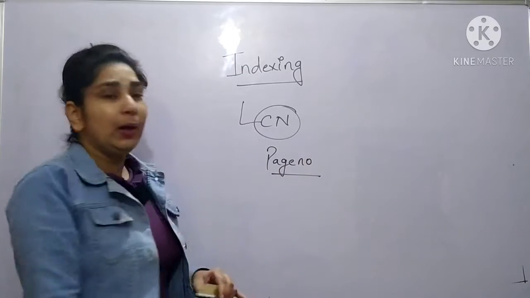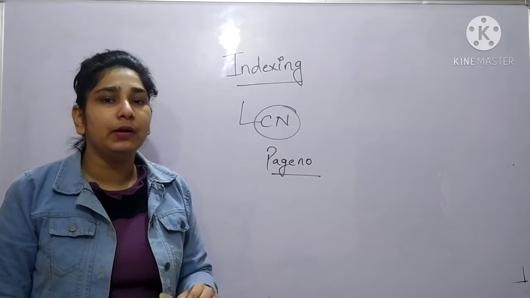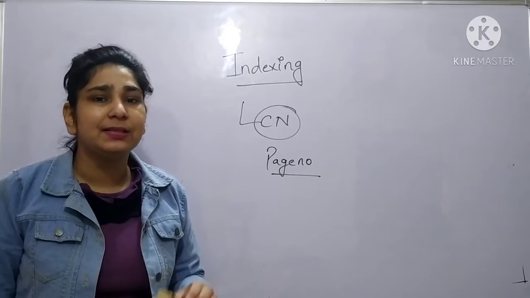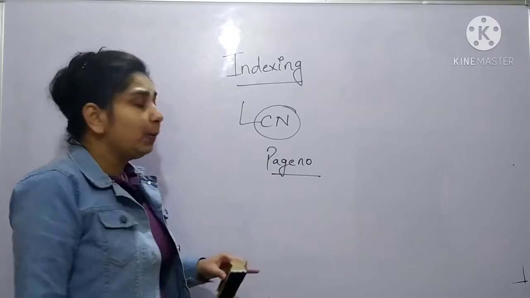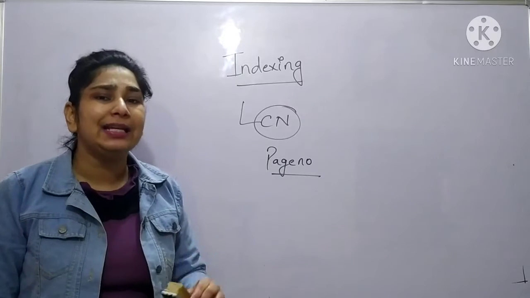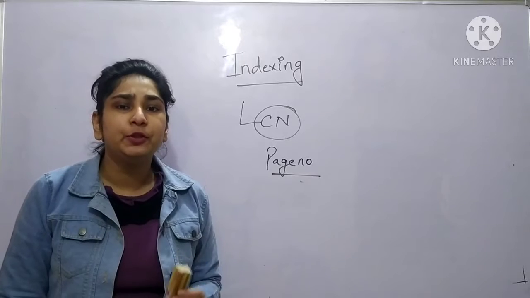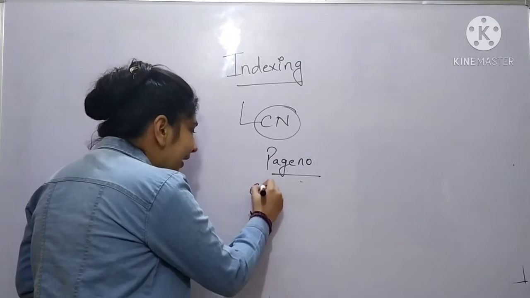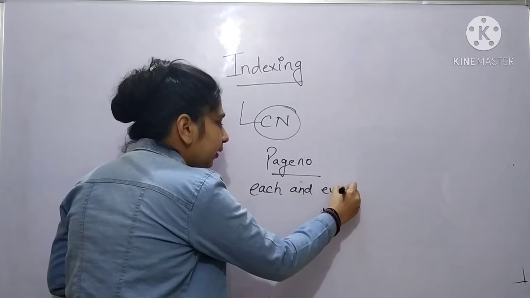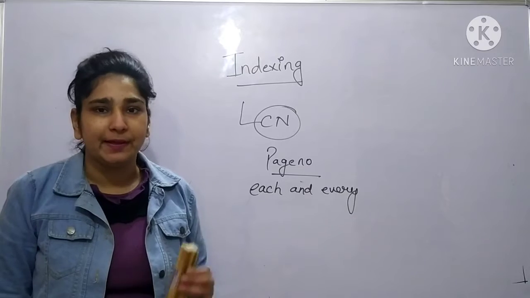Okay. So let's suppose you don't make an index in your book. In that case, if you have to search for any chapter or any topic, then you have to look at each and every page to search for a particular topic.